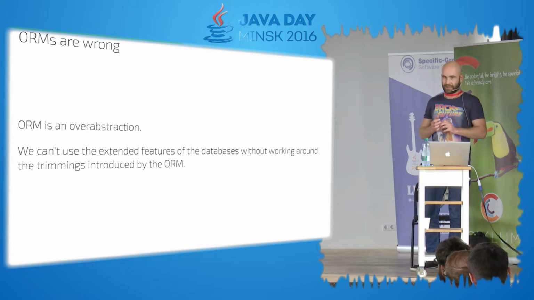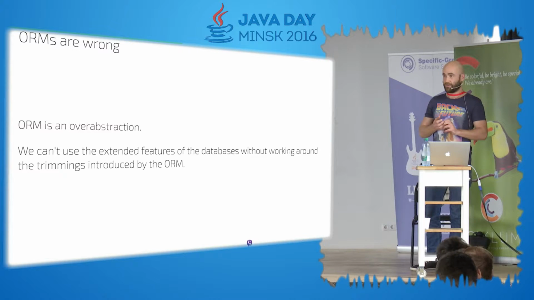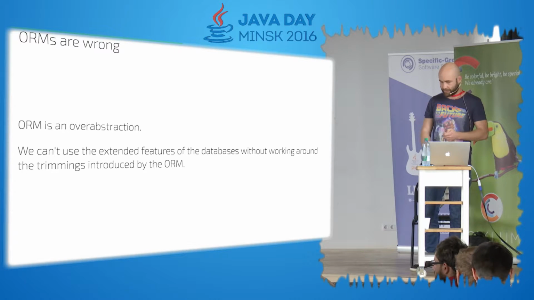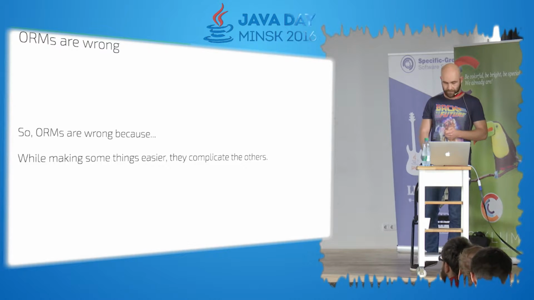You lose functionality in the end, and that's definitely not worth it for us whenever we deal with some real complex applications, whenever we need to squeeze the power, all the possibilities of the database. So, in conclusion, while they make things easier, they make things harder.